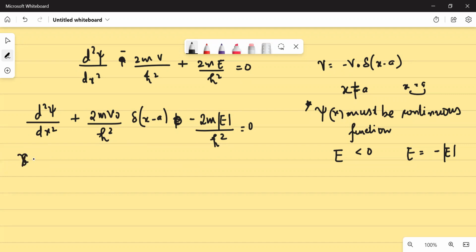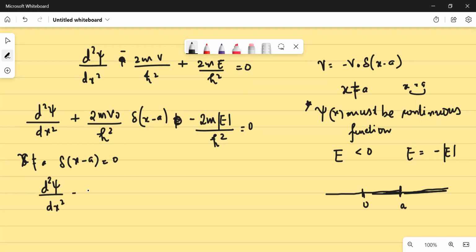For all x not equal to a, your Dirac delta function is equal to 0, except at x equal to a. Here it is 0, here it is a. For x greater than a, x less than a, the Dirac delta function is 0, and it is infinite only exactly at x equal to a. So I will write d square psi upon dx square minus k square psi is equal to 0.